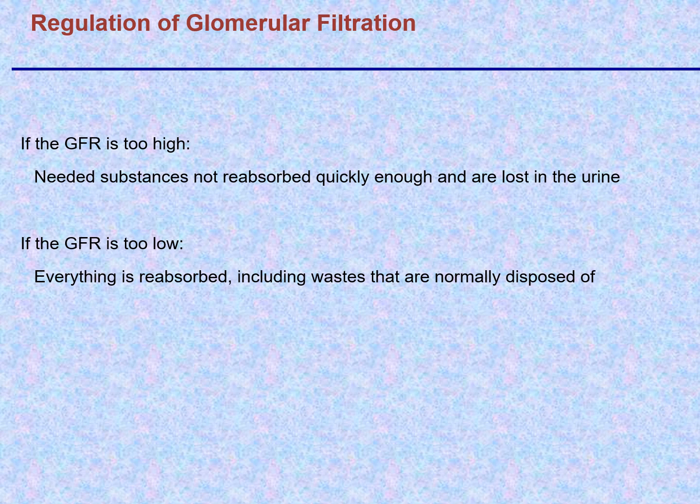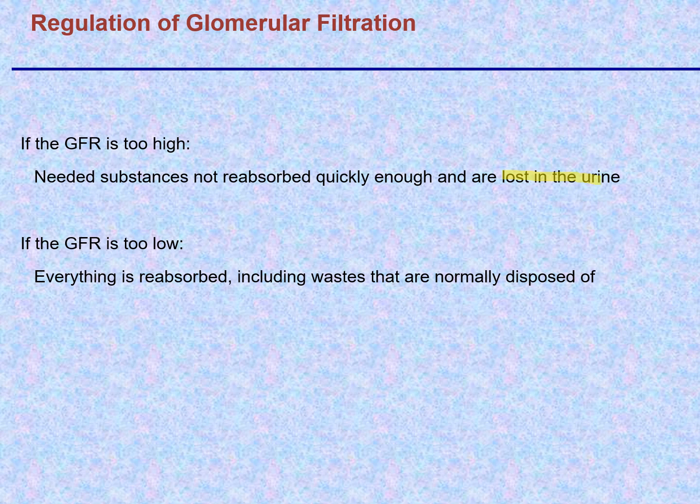Much of what goes into the initial filtrate will be reabsorbed back, but if filtrate is being formed too quickly, then the flow rate through the tubular system of all the glomeruli together will be too quick, and there's not enough time for reabsorption to occur, and those molecules will get lost in the urine.